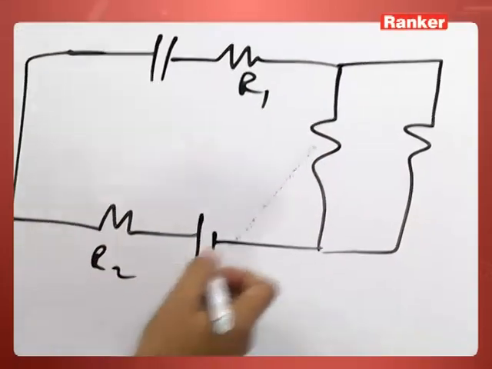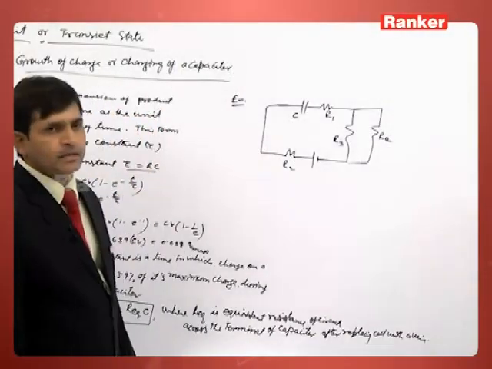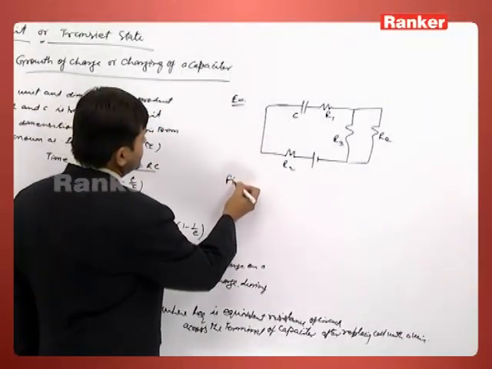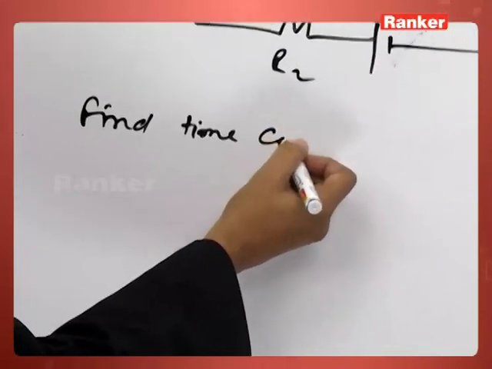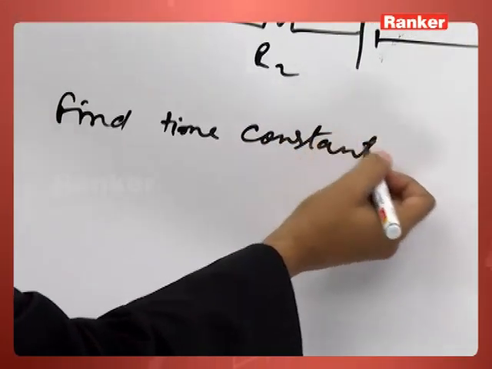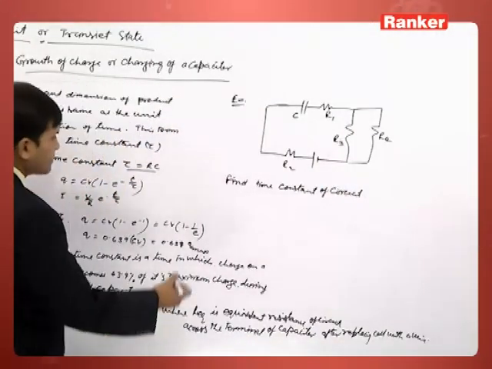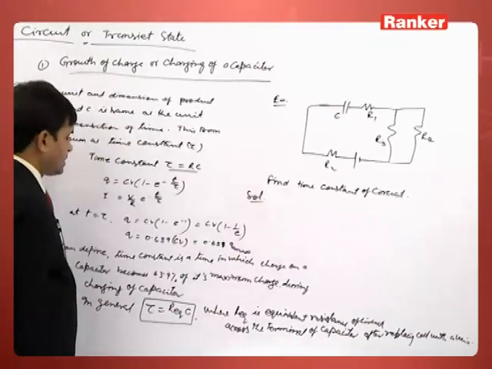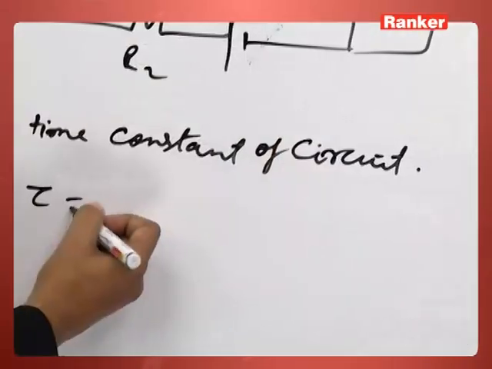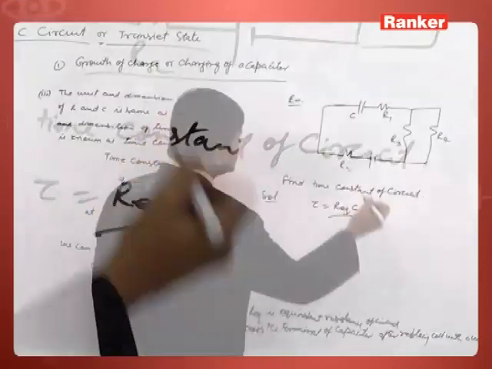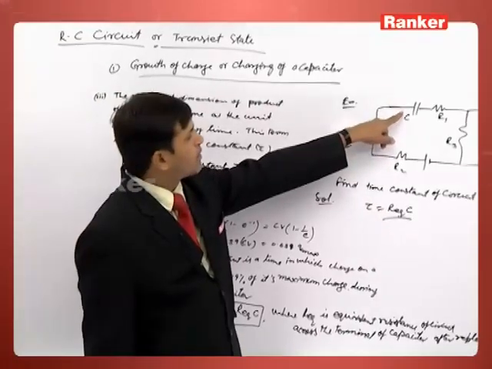Capacitor C. Now the question is to find the time constant of the circuit. What do you have to do? As per our expression, the time constant is R equivalent into C. But what is R equivalent? R equivalent is the equivalent resistance across the terminals of the capacitor.